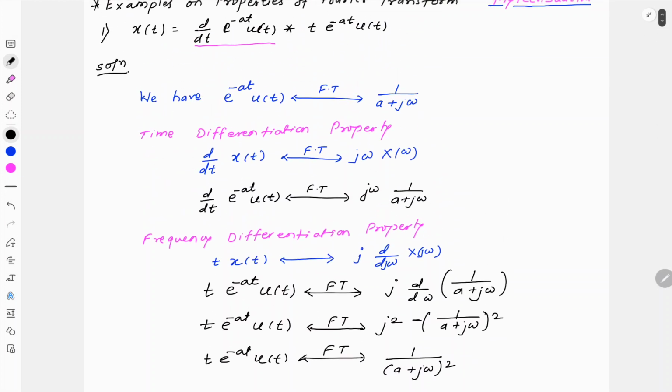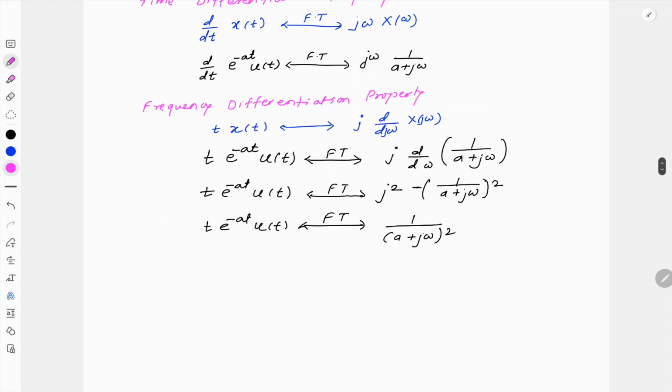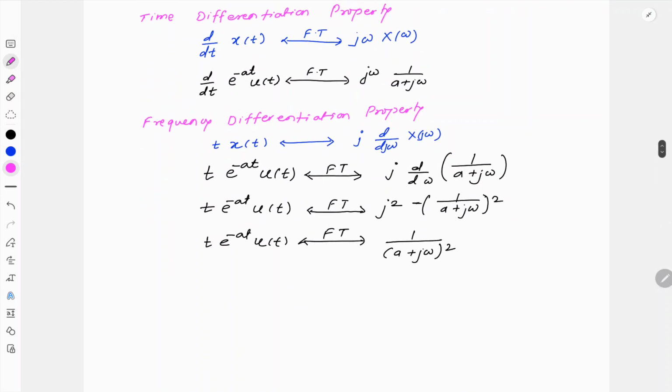Now we have obtained the Fourier transform of these two expressions, but these two examples are convolved with each other. So we have to make use of the convolution property.